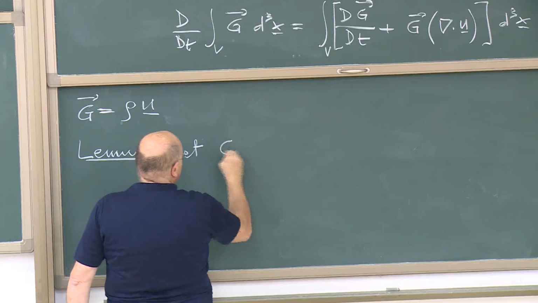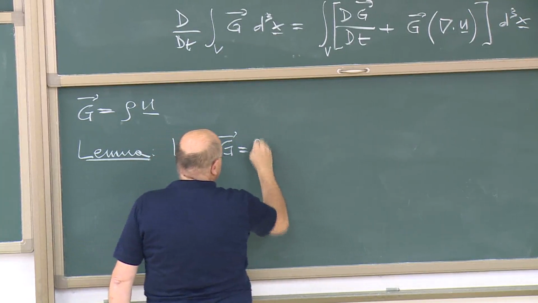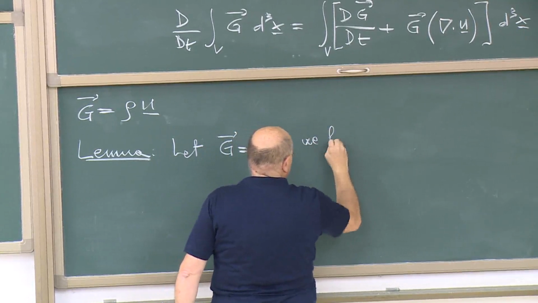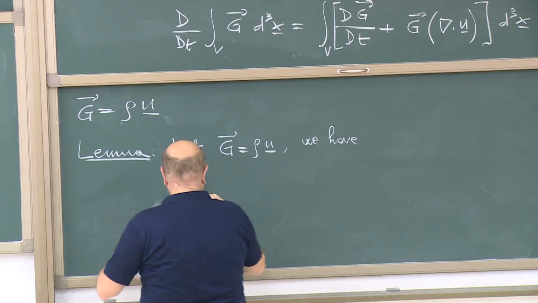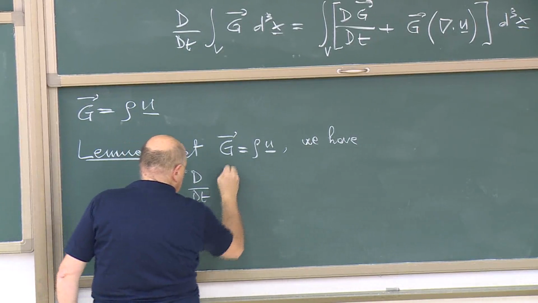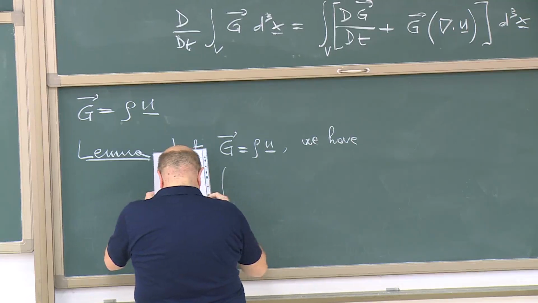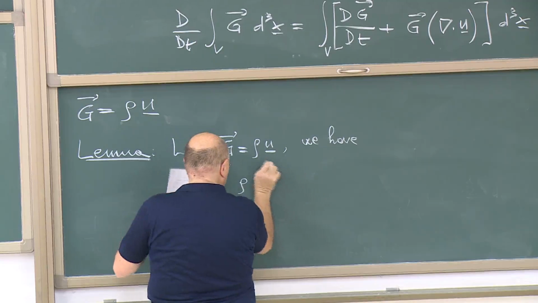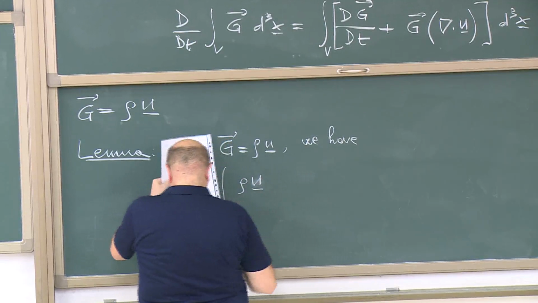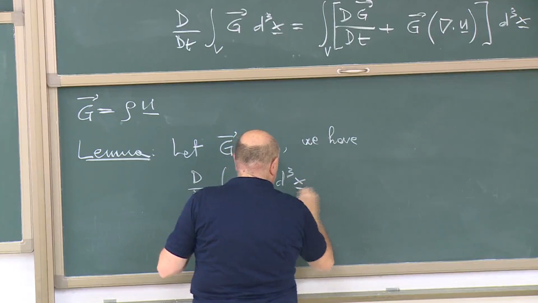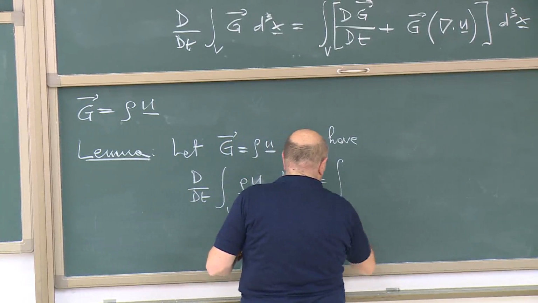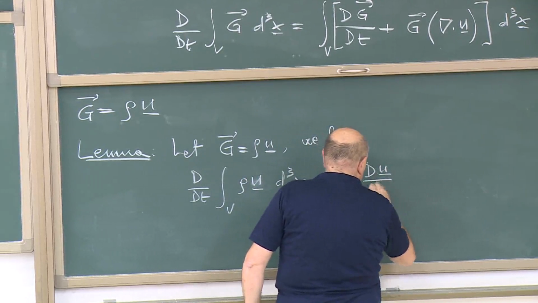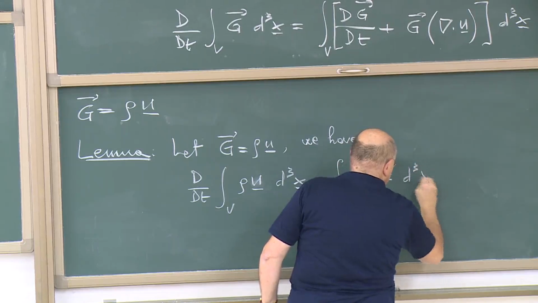Let G be this rho u. Then we have the following. We have d dt of the integral over V of rho u in d3x is equal to the integral of rho du dt in d3x.